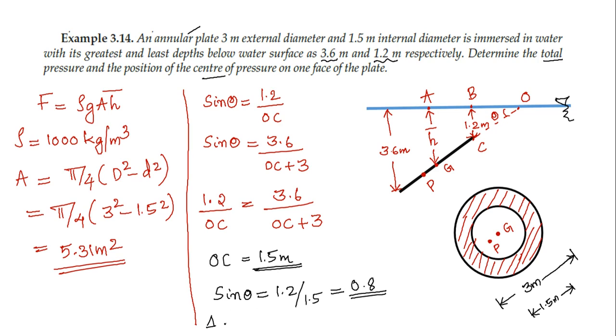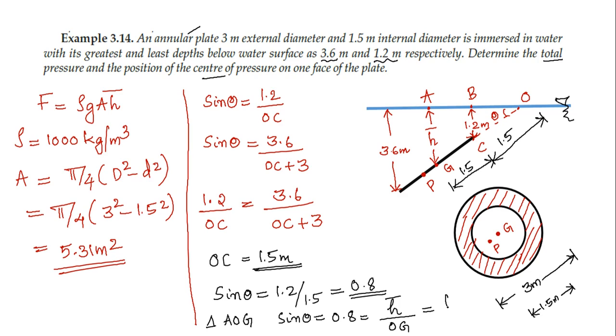Now, in triangle AOG, sin theta is equal to 0.8 is equal to h bar divided by OG. Now this OG is equal to GC, which is 1.5, plus OC, which is also 1.5. By solving, we will get h bar is equal to 2.4 meters.